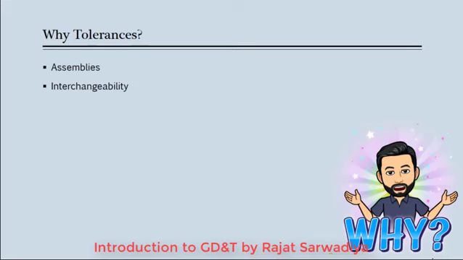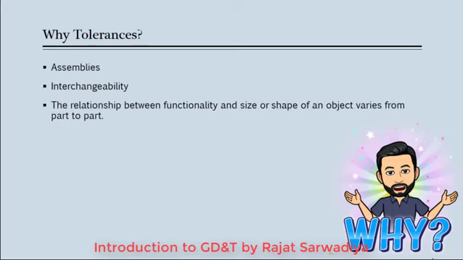And also, to maintain the relationship between functionality and size or shape of an object, which varies from part to part, we need the tolerances. These three are the main reasons to use tolerances in engineering drawing or drafting.